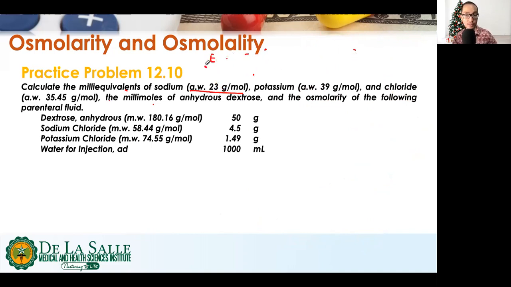But when it comes to osmolarity, you can add everything. So we just need to compute the osmolarity of each of these substances and add them together.